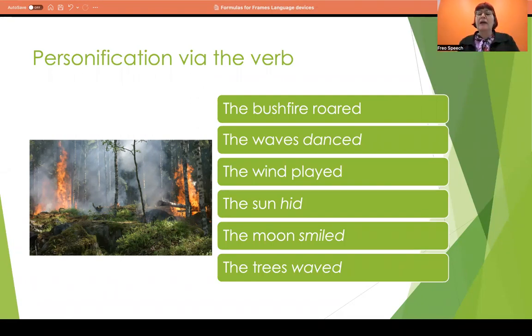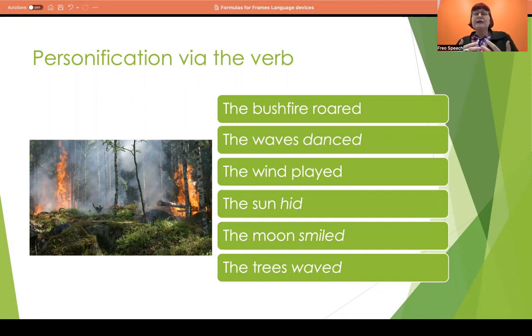They're angry and they roar and dance and hide and wave, all those sorts of verbs. So if the verb is an animate verb, so played, hid, smiled and waved, they're things that people do or animals do. If we apply those to inanimate objects, we are creating personification.